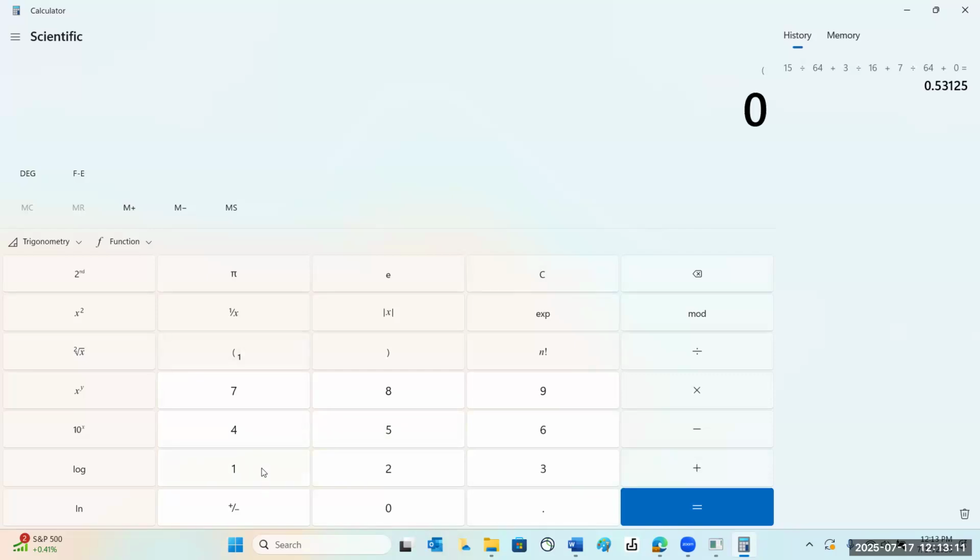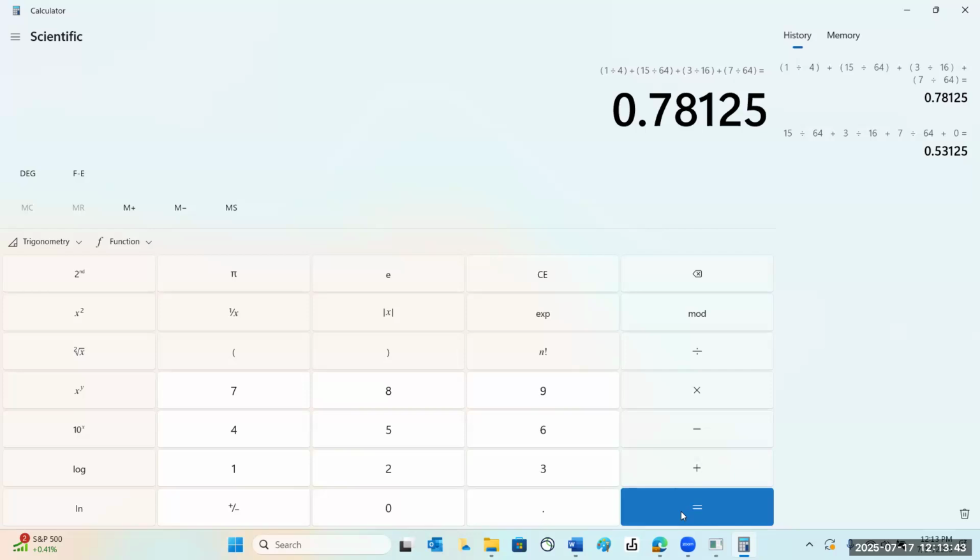I missed the 1 over 4, so it's 1/4 plus 15 divided by 64. Much better. Plus 3 divided by 16 plus 7 divided by 64. This one equals 0.78125.